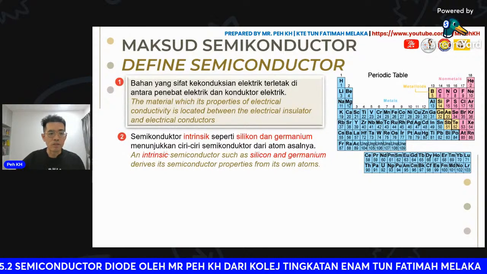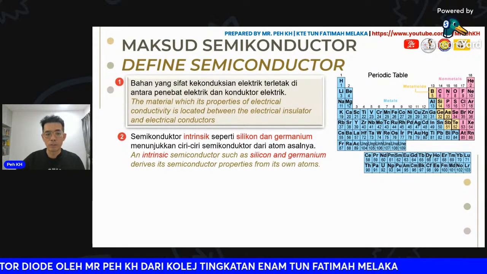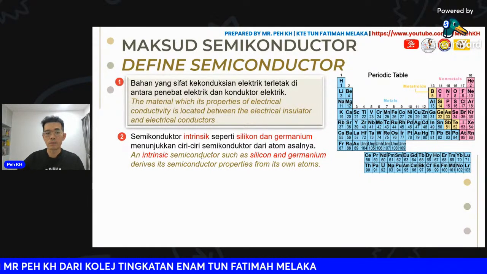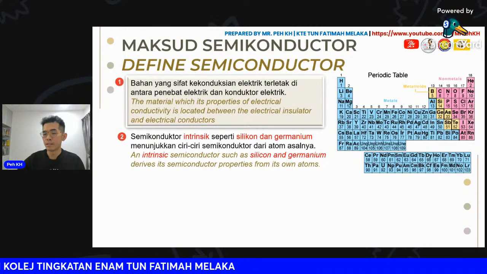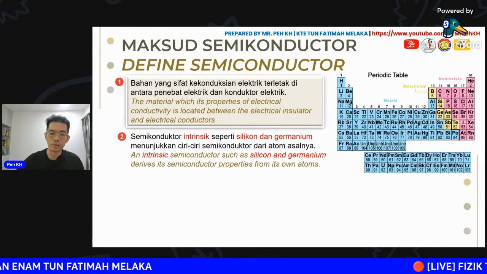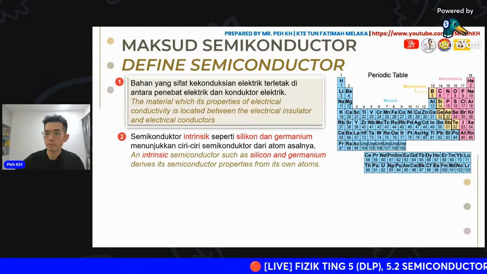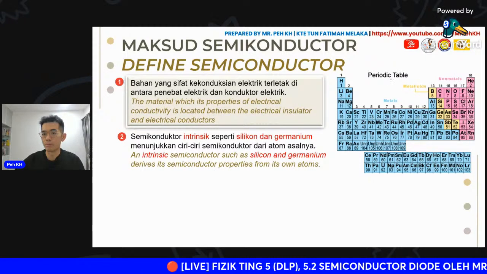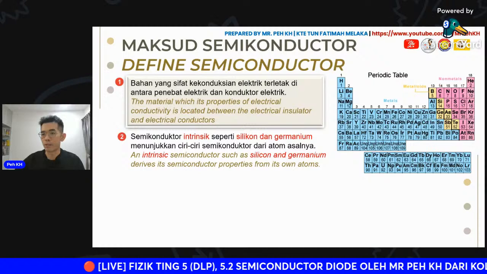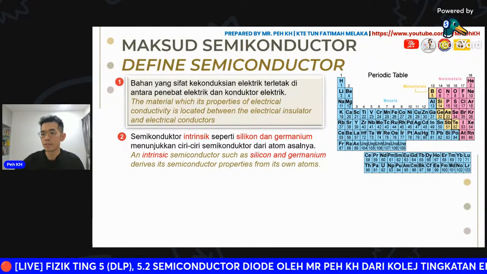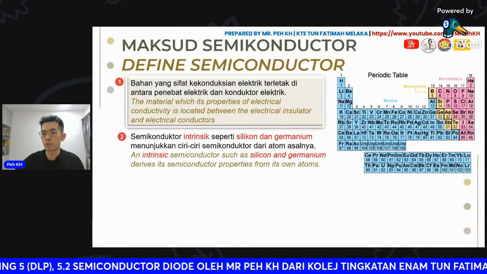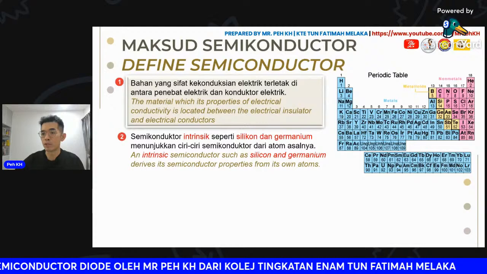And intrinsic semiconductors, meaning the natural semiconductors you may find surrounding us, are such as silicon and germanium. You may refer to our periodic table, and at group 14, silicon and germanium are the 2 examples I mentioned just now.